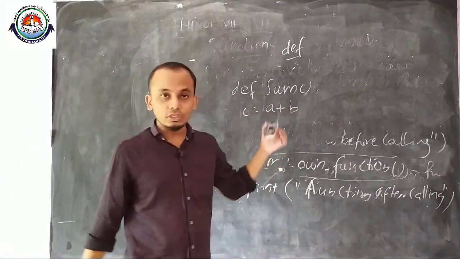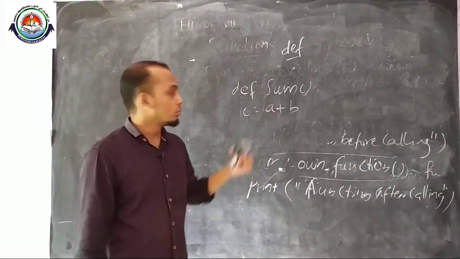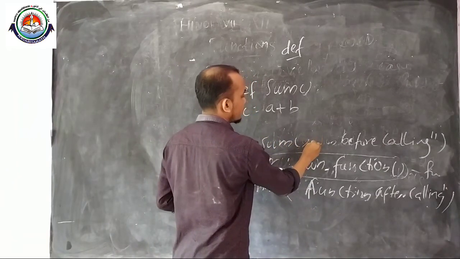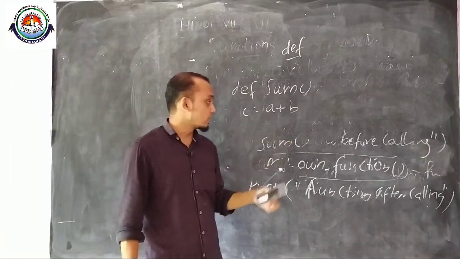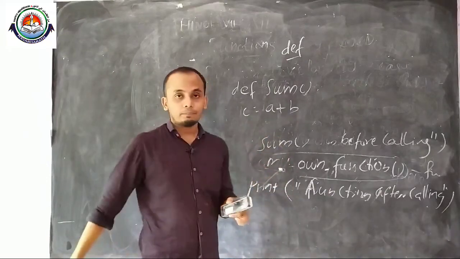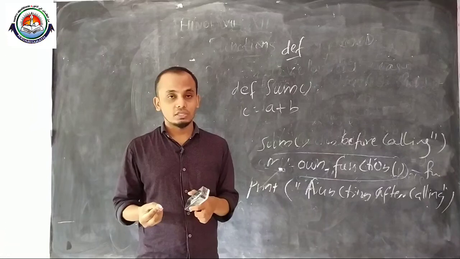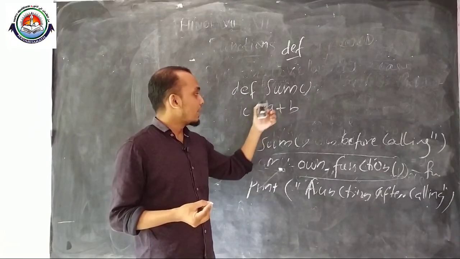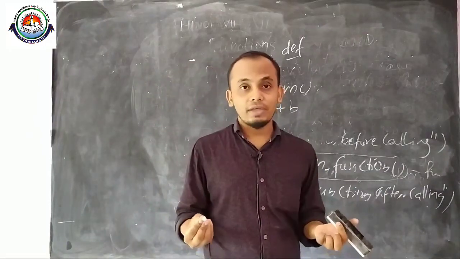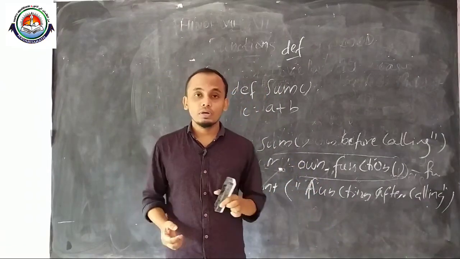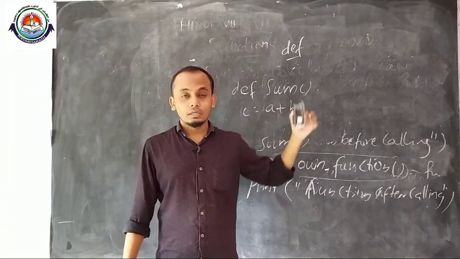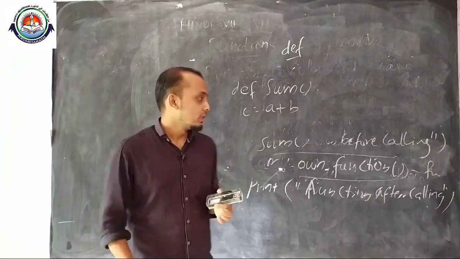Here two parameters are used, a and b, for adding two numbers. When we call this function sum, that sequence of statements will execute at the calling place. These a and b are called parameters. When we call the function, some values can be given, and those values are called parameters.